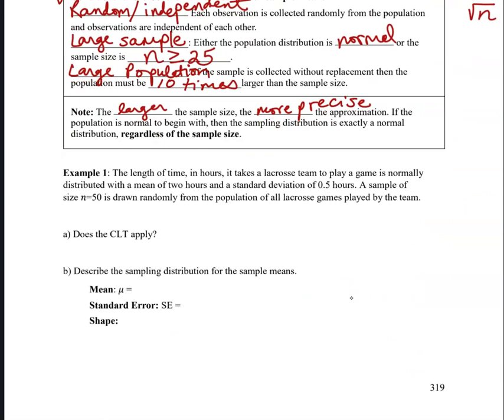The mean length of time in hours that it takes a lacrosse team to play a game is normally distributed with a mean of 2 hours and a standard deviation of 0.5. A sample of size 50 is randomly drawn from the population of games played by the team. Does the theorem apply?